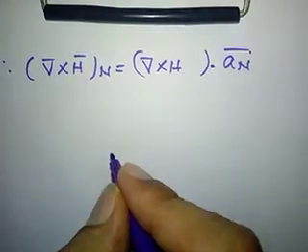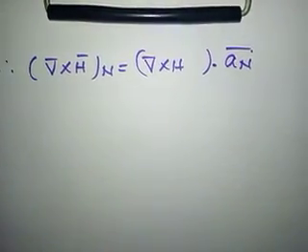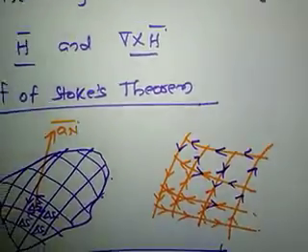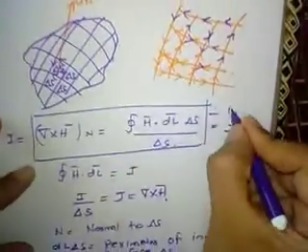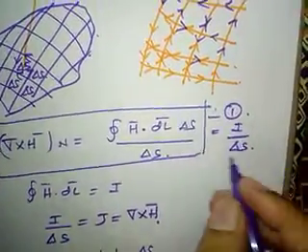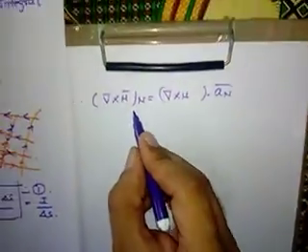Let us take this as equation 1. In equation 1, what is del cross h n? It is del cross h dot n bar.